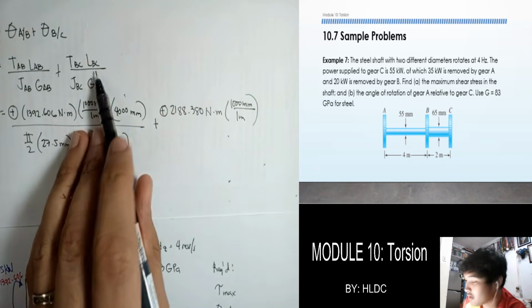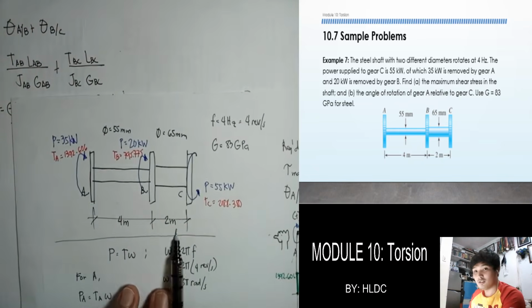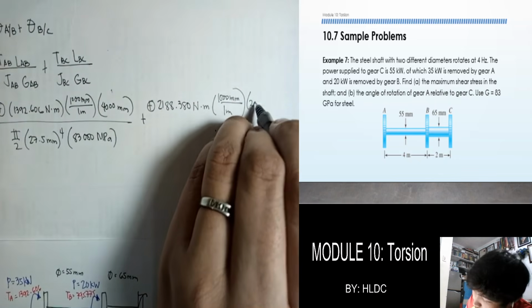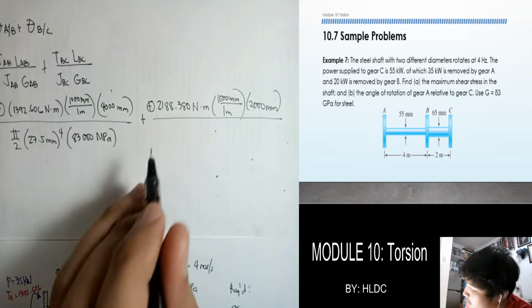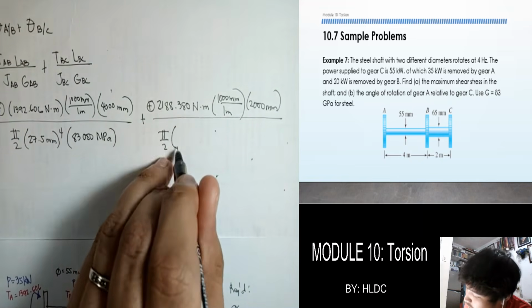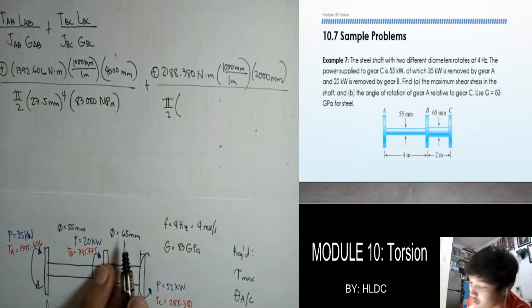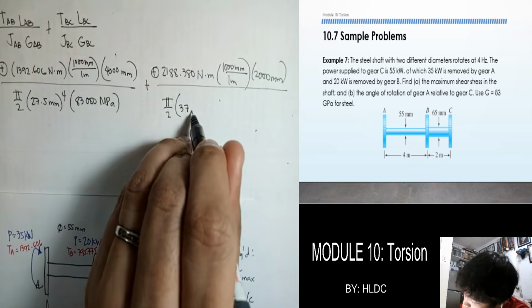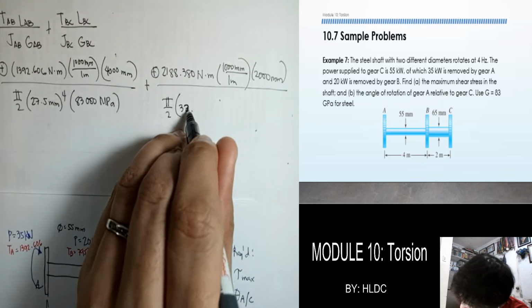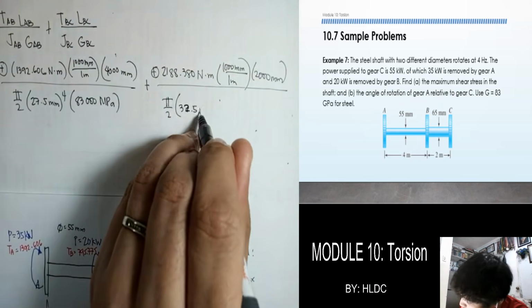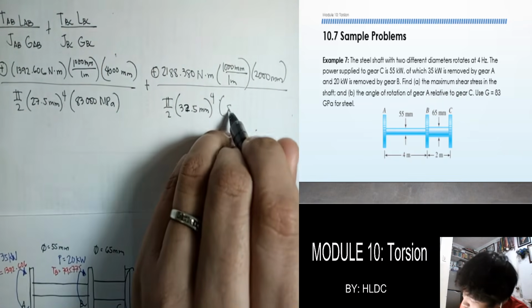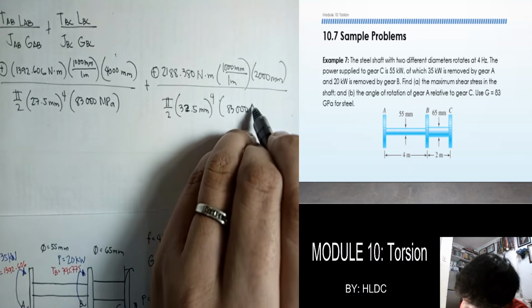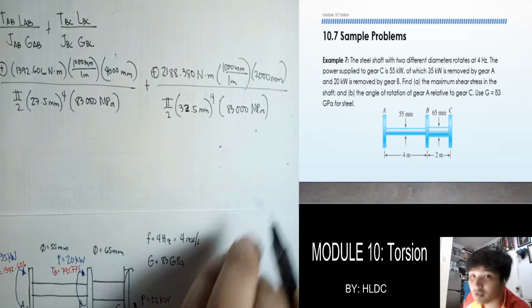And then yung length ng BC 2 meters, so gagawin ko na siyang 2,000 mm divided by pi over 2 r raised to 4. So para sa BC, 32.5 mm raised to 4. And then yung G is 83,000 MPa.